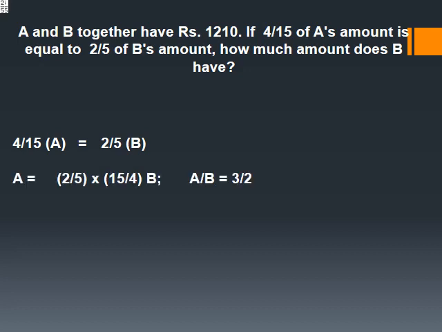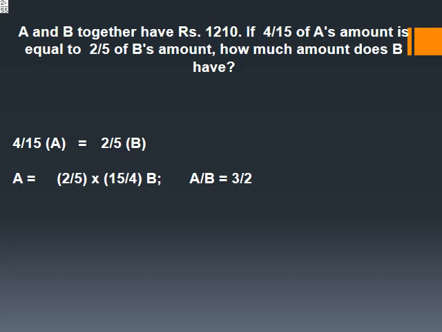Now, from this, we can find out A. What do we do? Take 4 by 15 to the right side. When 4 by 15 goes to the right side, the position reverses. It becomes 15 by 4. Then you multiply and divide, and we will get the answer.